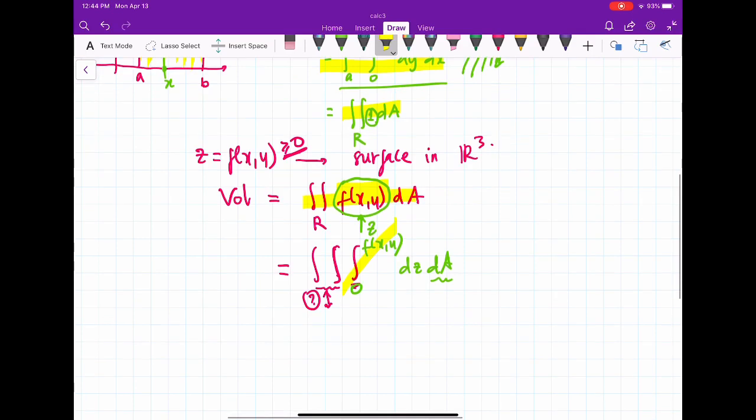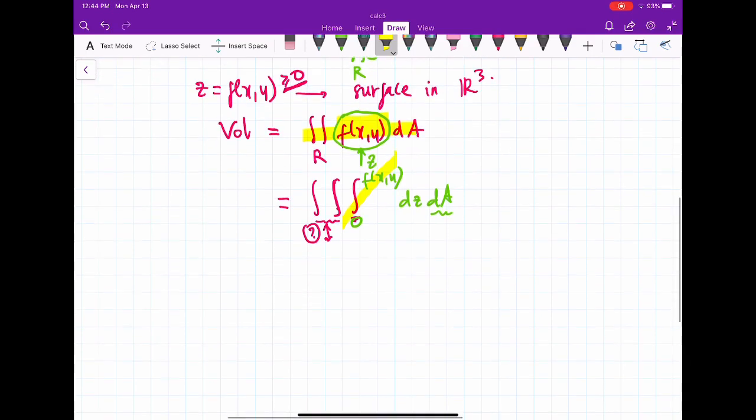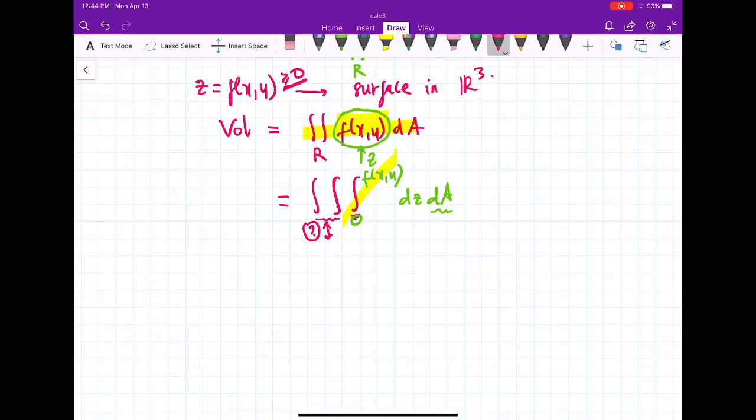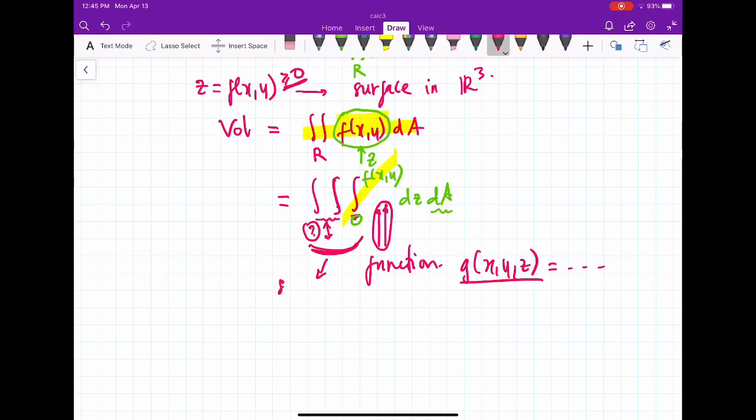And by doing so, if you have some function right here, let's say a function of 3 variables, g of x, y, and z, you may consider triple integrals of this function over the solid region in R3.